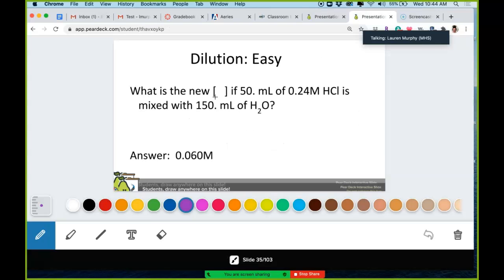It says, what is the new, remember this means concentration, if I give you 50 milliliters, so there's a volume, of 0.24 molar, there's a concentration, hydrochloric acid, and it's mixed with, this is an important word, mixed with 150 milliliters of water. Okay, so they're going to take the acid and they're going to add water with it.